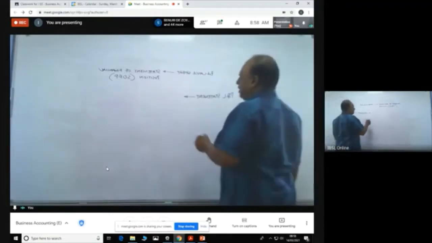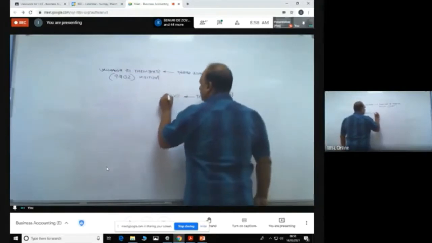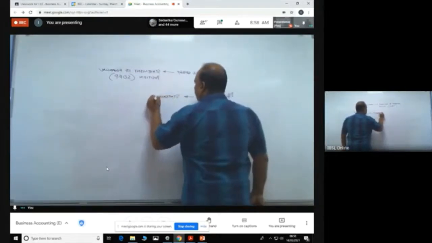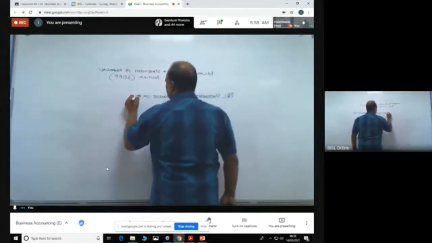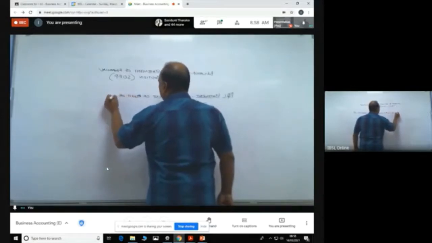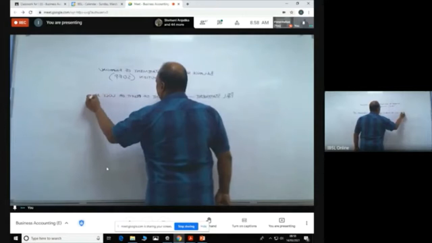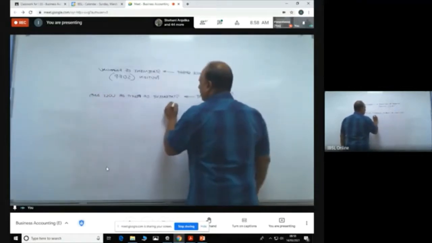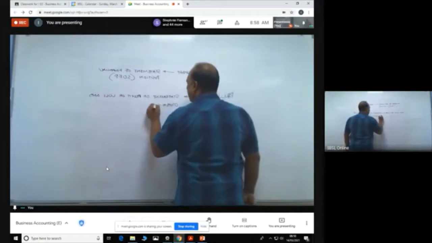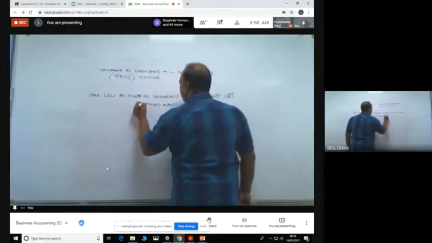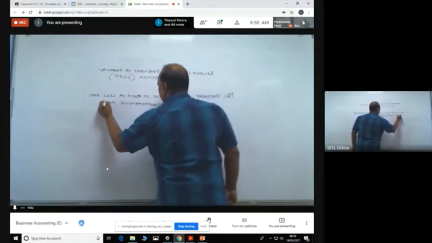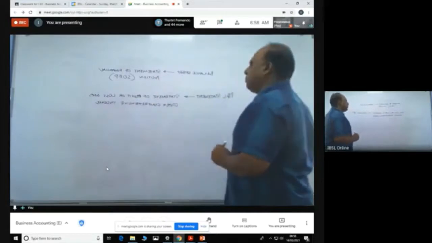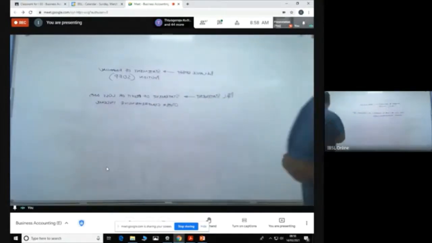But the expected standard form is statement of profit or loss and other comprehensive income. Okay, statement of profit or loss and other comprehensive income.